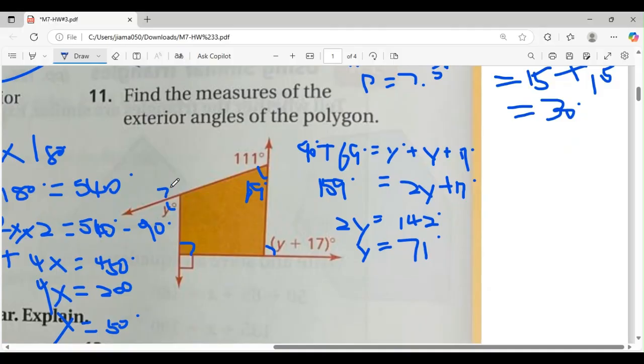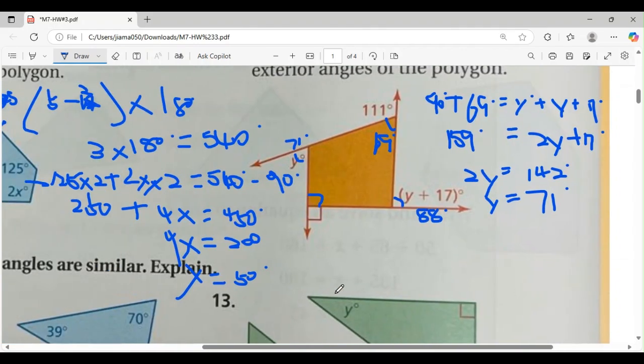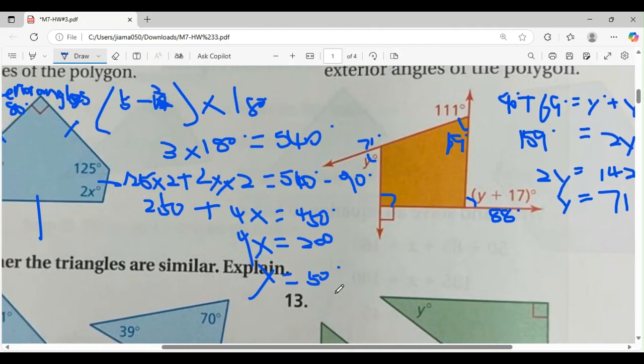Okay, this one is 71 degrees and this one is 71 degrees plus 17, which is 88 degrees. Okay, let's see next.